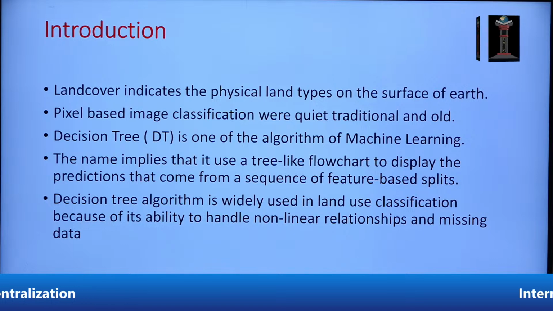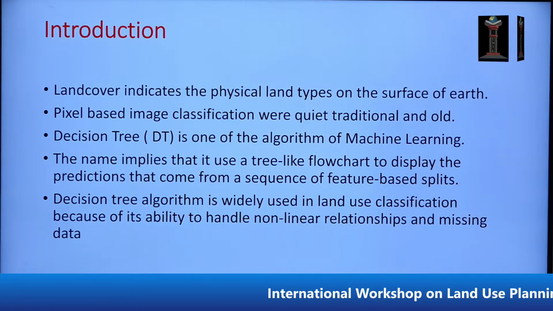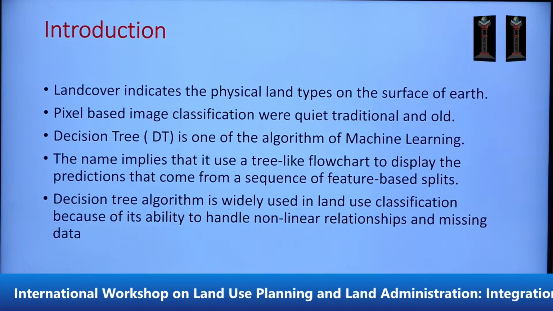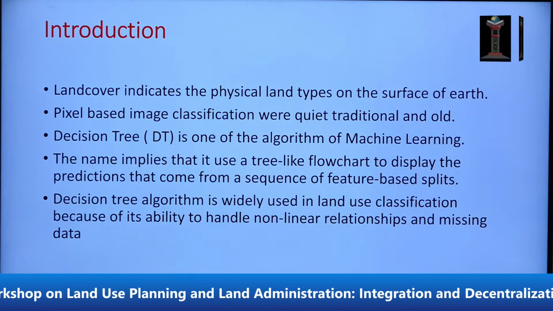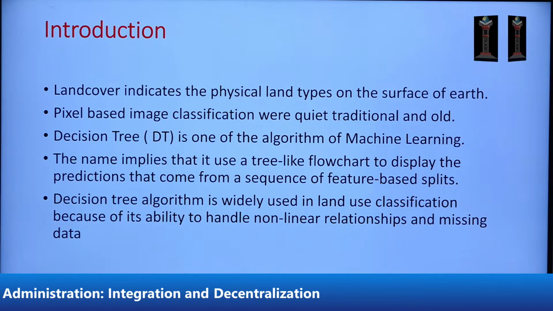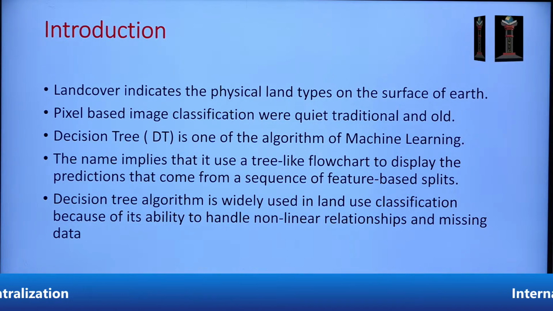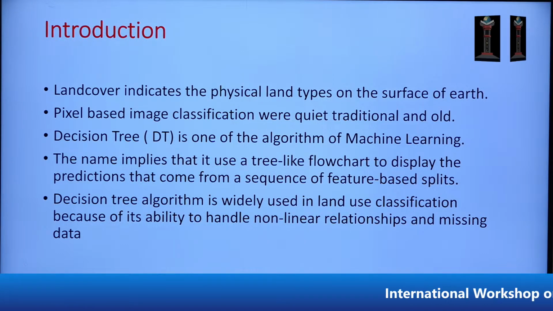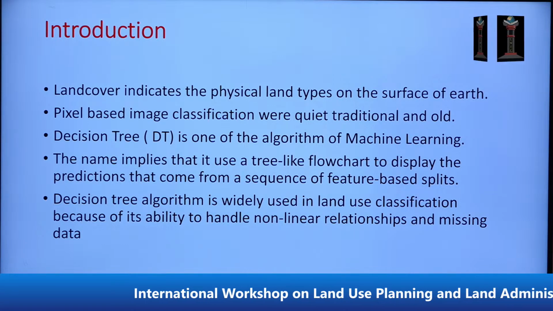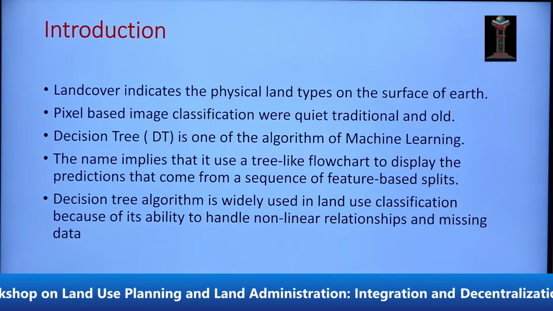Simply, a decision tree is like a tree structure where it gives the result yes or no, and going on, like a diagram, it makes a tree structure. The major reason for using a decision tree is that while we are dealing with any type of classification or research, it is based on the nature of the data.